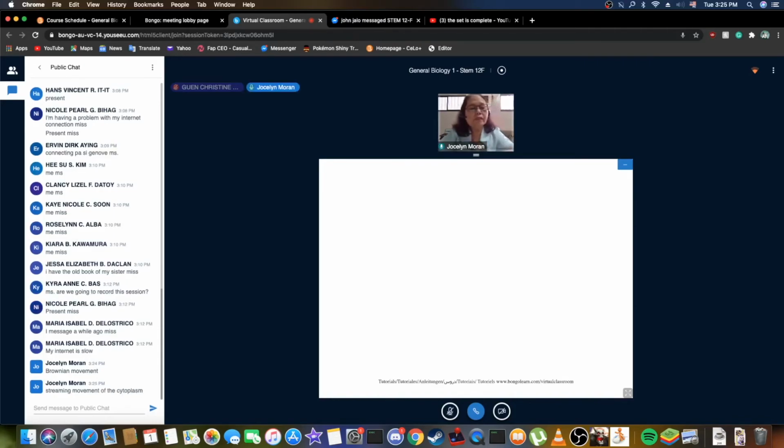So that's the meaning of the Brownian movement. The cytoplasm, according to Robert Brown, is not stationary. It's moving around the nucleus, and we call that the Brownian movement.